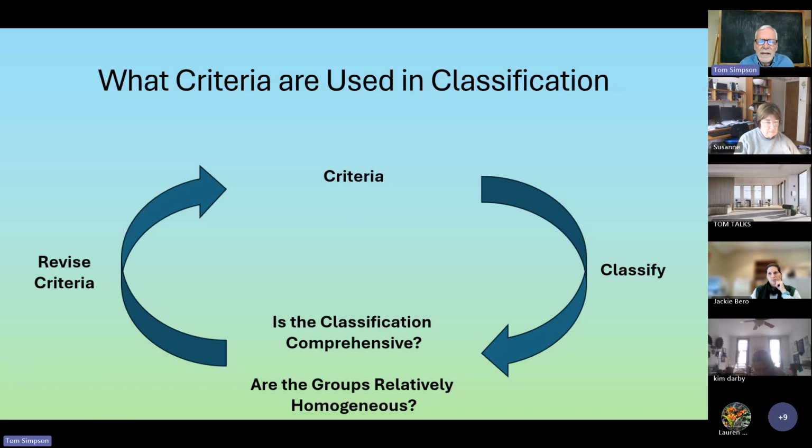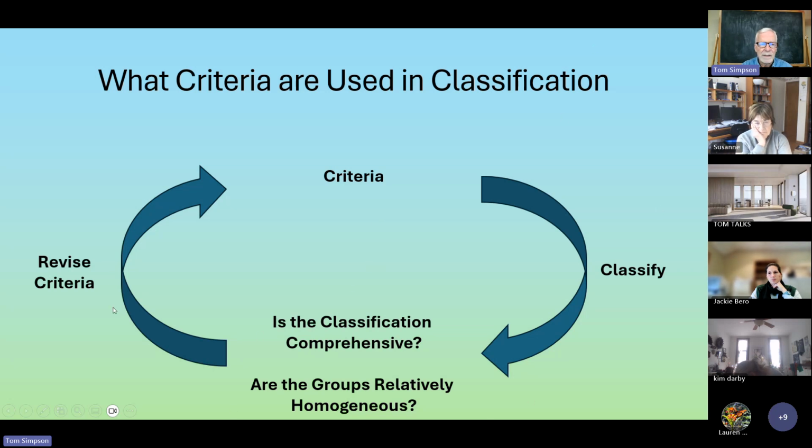It has to tell you what's in the world and what your relationship is to all these things. You don't want those classes to leave a lot of loose bits on the outside, and you want what's on the inside of each class to be at least relatively homogeneous relative to those that are outside. And if that's not the case, then you revise the criteria and you do it again.